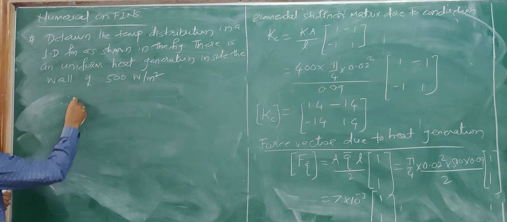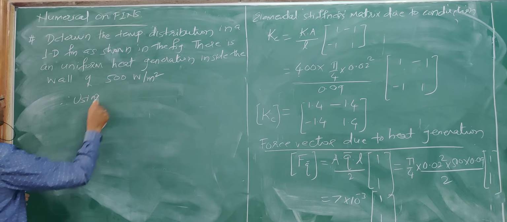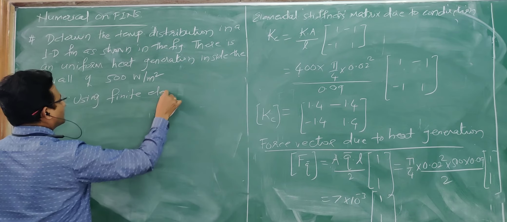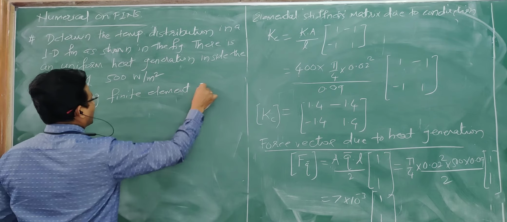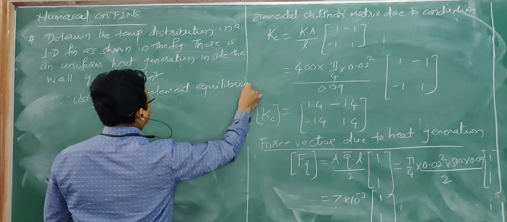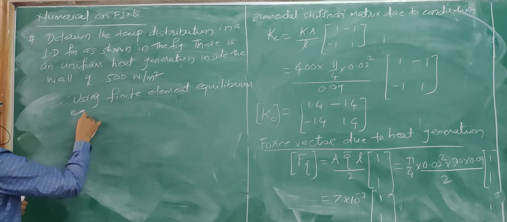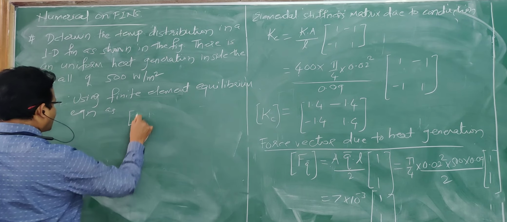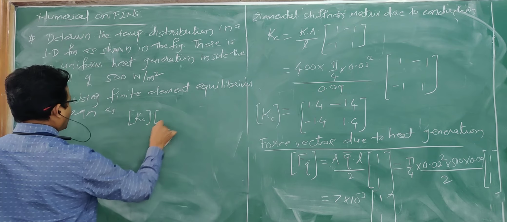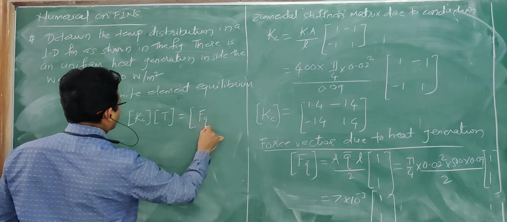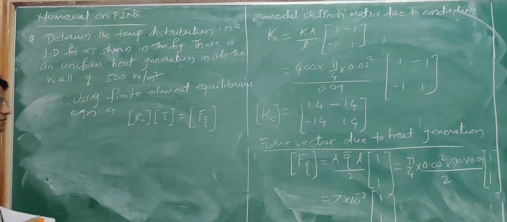Therefore, using the finite element equilibrium equation, in this case it is K into T equals F q bar. It is KT equals F.